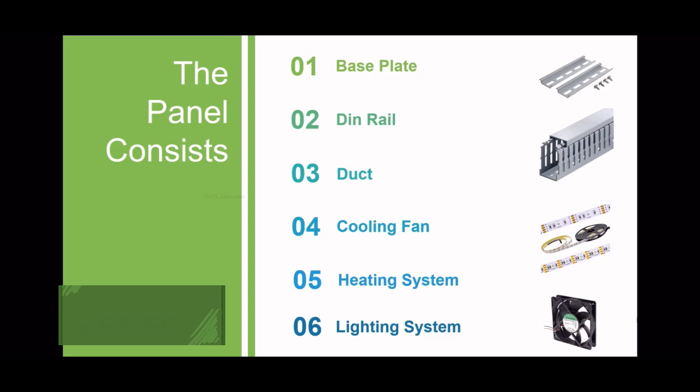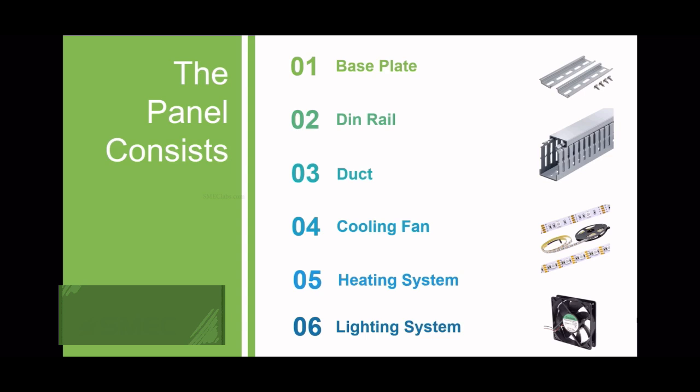There are so many companies' panels, and many customized panels. The Rittal panel is the number 1 panel there. Then the second one is the DIN rail. You can see in the first picture that is our DIN rail.